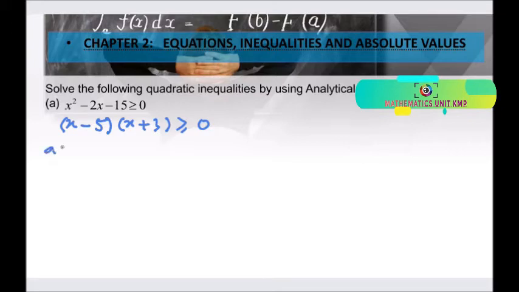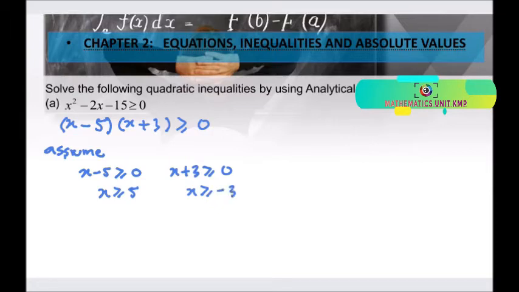So assume that x minus 5 greater than or equal to 0 and x plus 3 greater than or equal to 0. So x greater than or equal to 5 and x greater than or equal to negative 3.